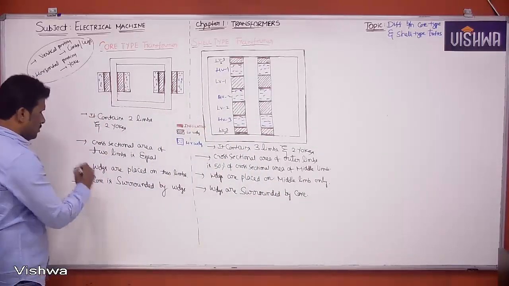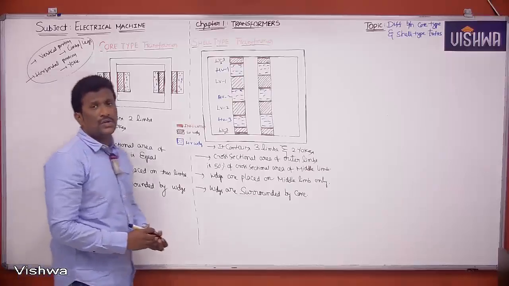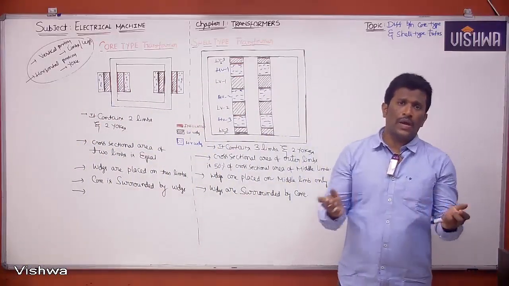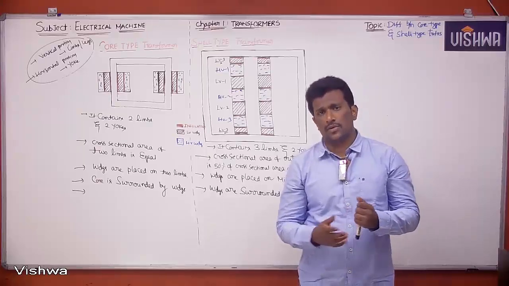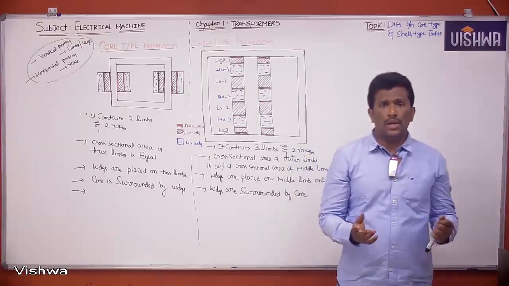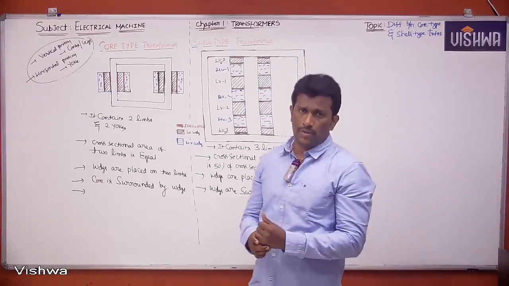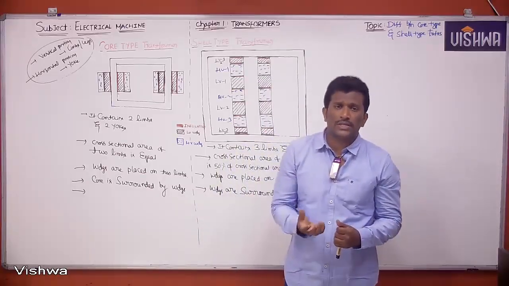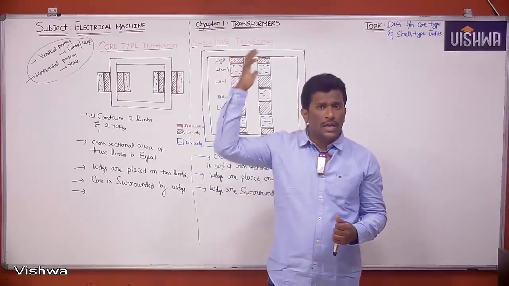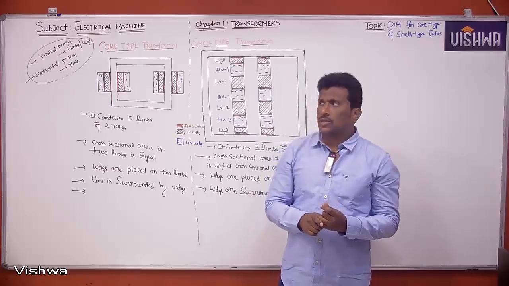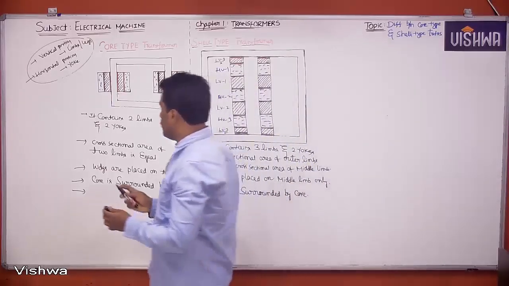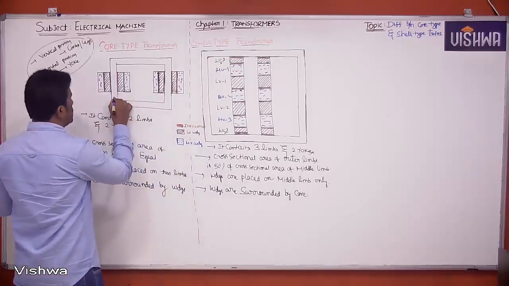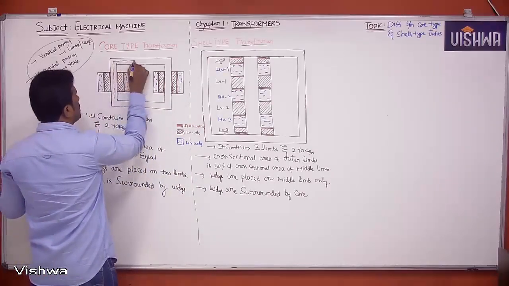Next, observe clearly. In network theory, if you take a circuit where current is not dividing, that circuit can be called a series circuit. If current is dividing, we will call that one a parallel circuit. I told you already, in magnetic quantities, flux is analogous to current in electrical quantities. So in core-type transformer, the flux is flowing like this.